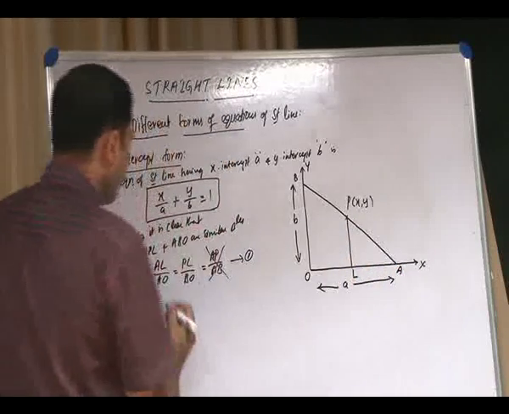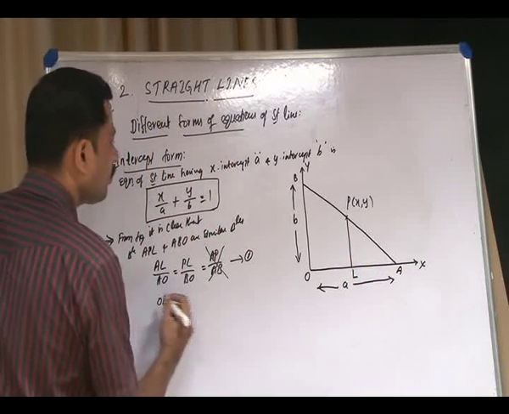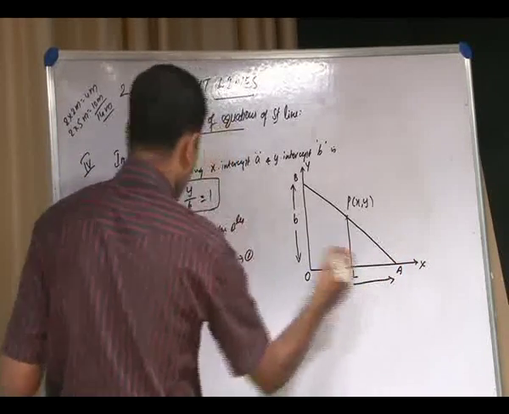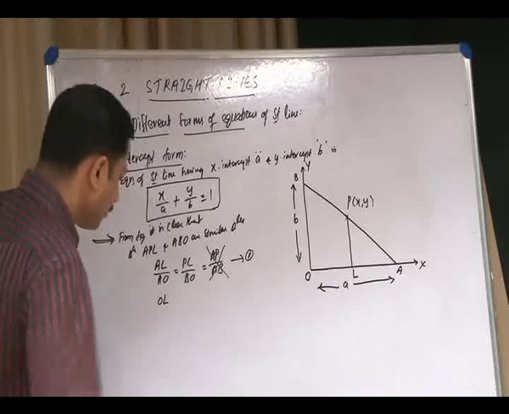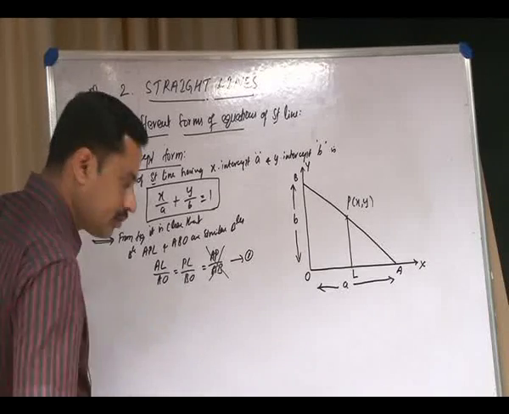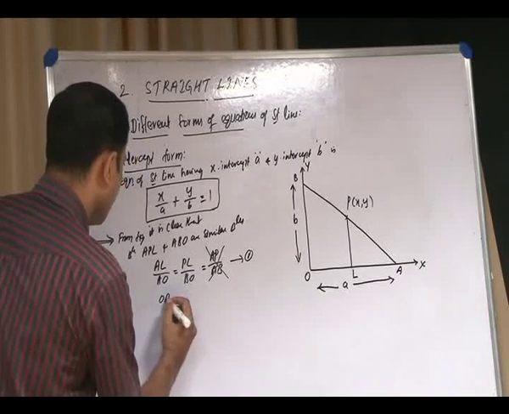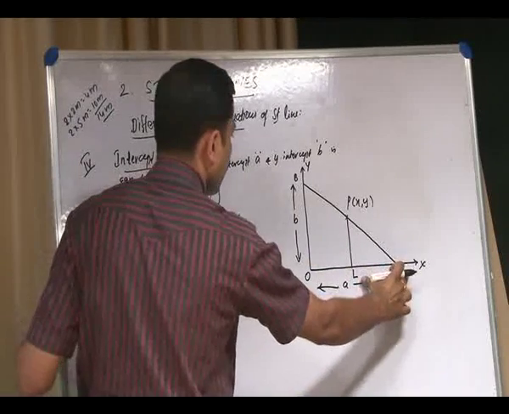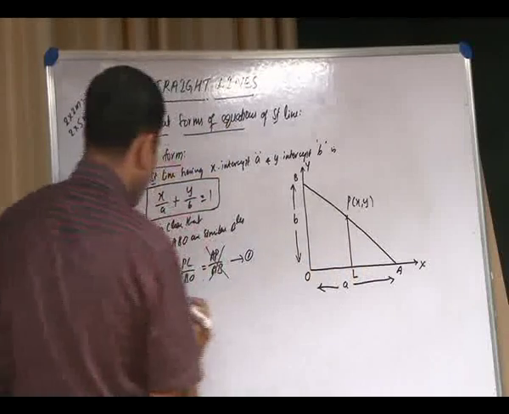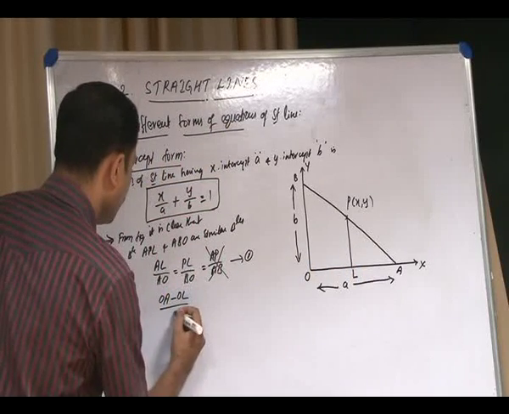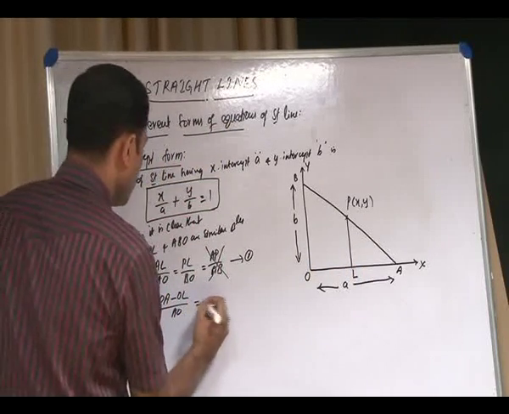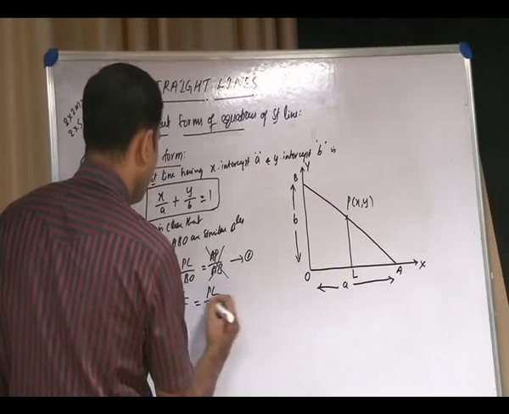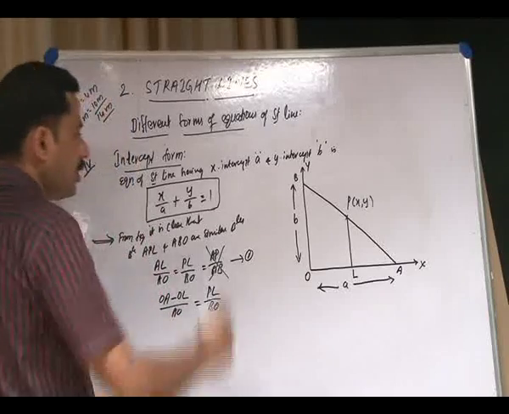So AL can be written as OA minus OL. This distance AL can be written as OA minus OL, divided by AO, is equal to PL, this distance, divided by BO, this distance.